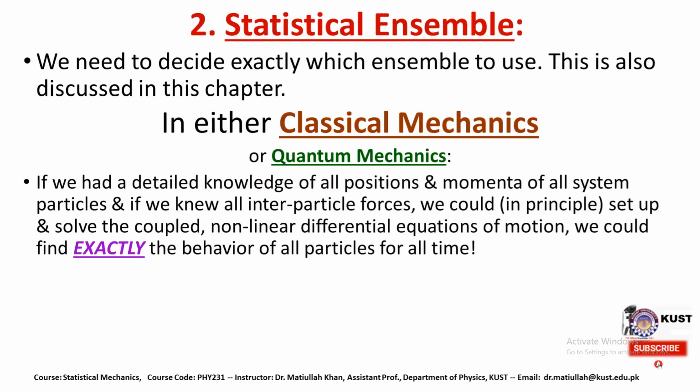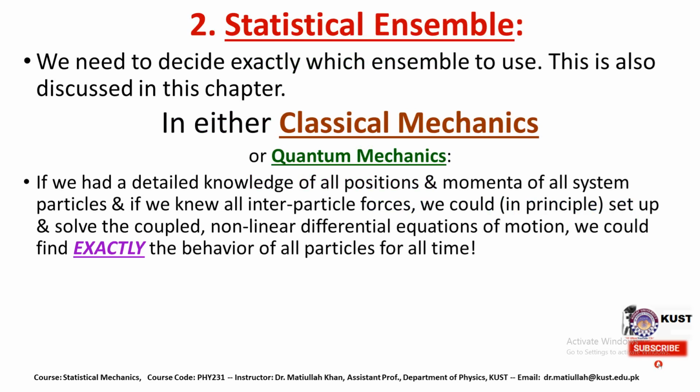So the second step in treating any particular system is the statistical ensemble. In the statistical ensemble, basically we need to decide exactly which ensemble to use. This is also discussed in this chapter in great detail, and in today's lecture as well.